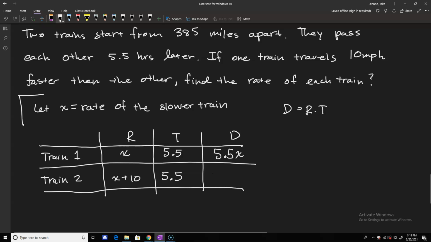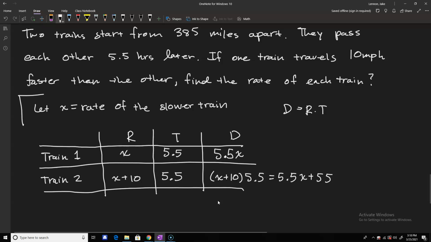And we get x plus 10 times 5.5 for the other one, or 5.5x plus 55. Okay, and then we do know that the total distance is, oh no, what do they want us to find? They want us to find the rate of each train.